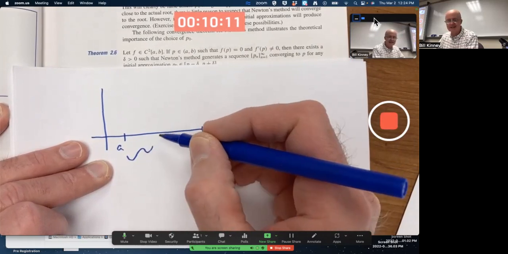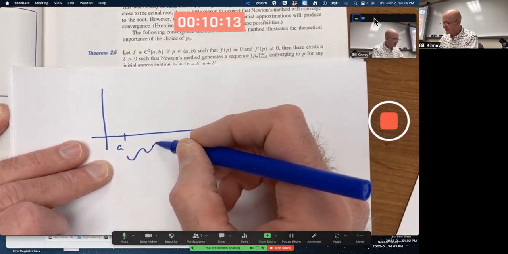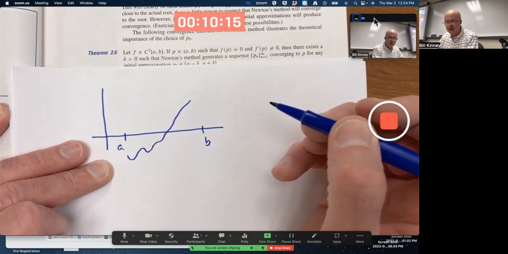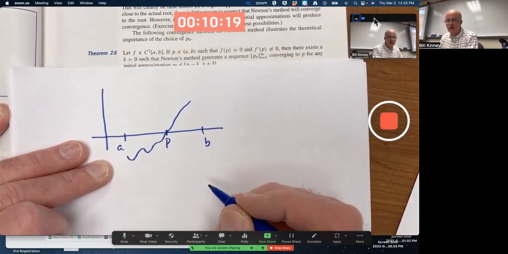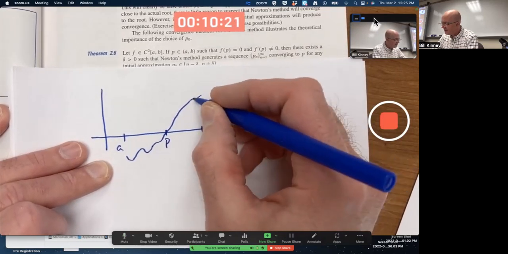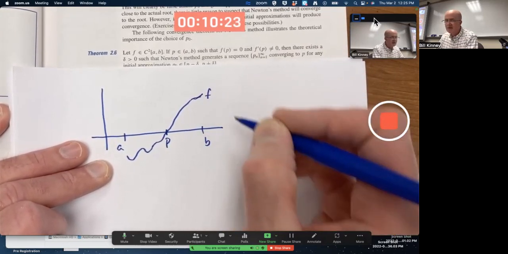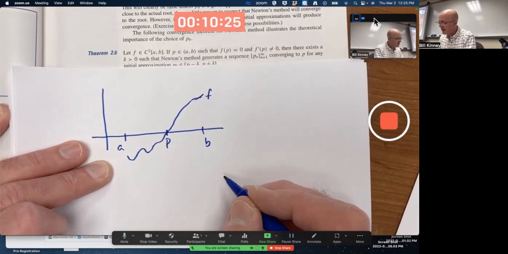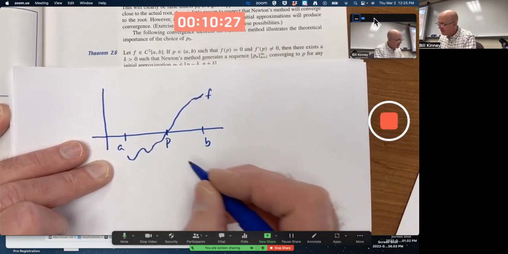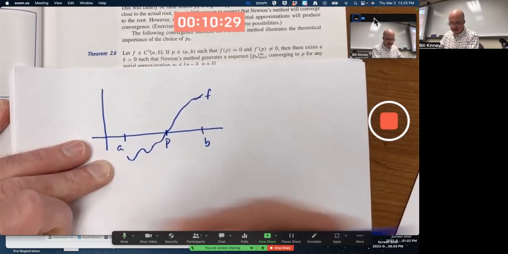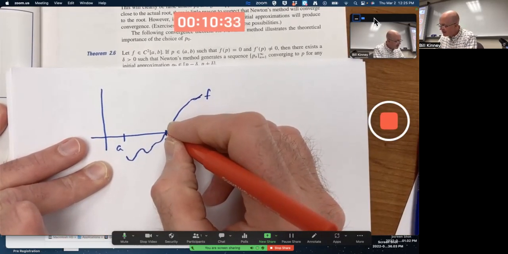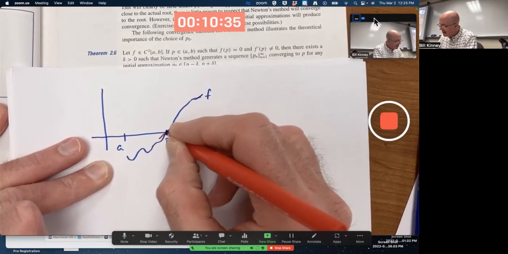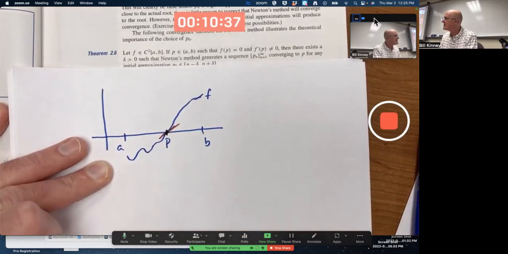It could cross the axis more than once, but let's just say it crosses the axis once right there. There is our root, our 0 of f, this nice function defined on this closed interval from a to b. f(p) is 0, and I have also drawn it so that f prime of p, the slope of the tangent line at this point, is non-zero as well. Let's pretend that's the tangent line right there.